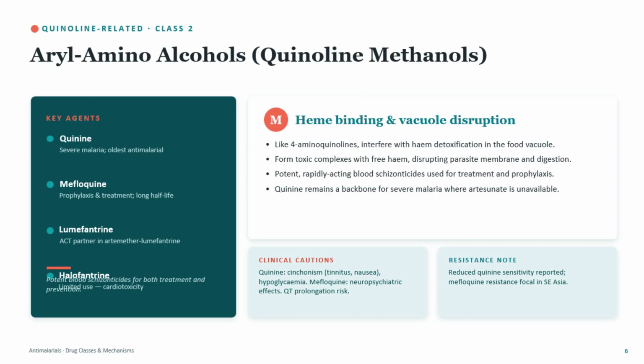I always remind students that quinine is the oldest antimalarial we have, and it's still a backbone for severe malaria when artesunate isn't available. Let me flag the toxicities you'll get tested on: cinchonism and hypoglycemia with quinine, neuropsychiatric effects with mefloquine, and QT prolongation across the whole group.